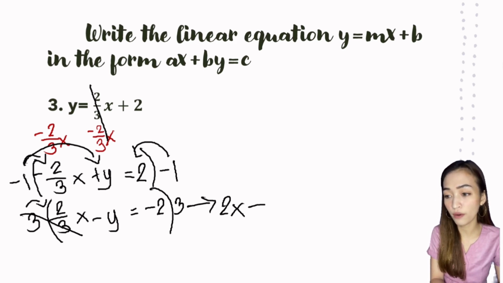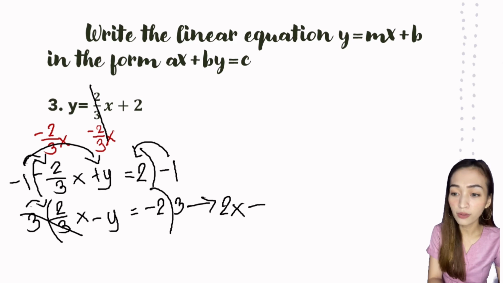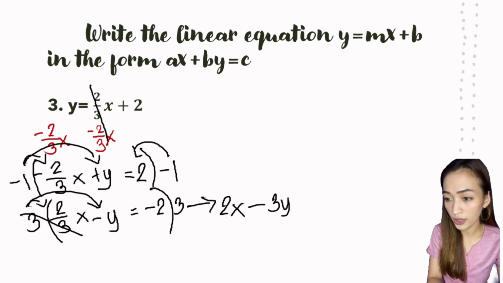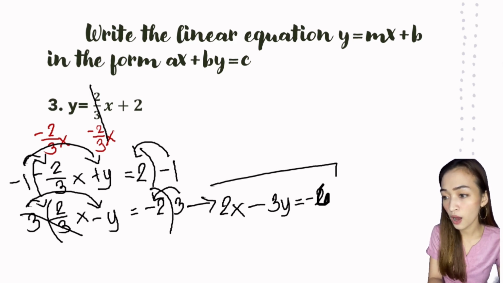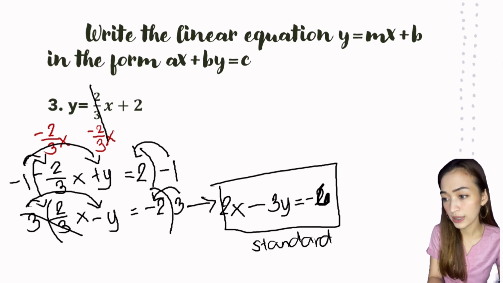So, that's why we have 2 here. Okay? Now, 3 times negative y is negative 3y equals, okay? So, 3 times negative 2 is negative 6. Now, we have the standard form. So, this is in the form of ax plus by equals c.